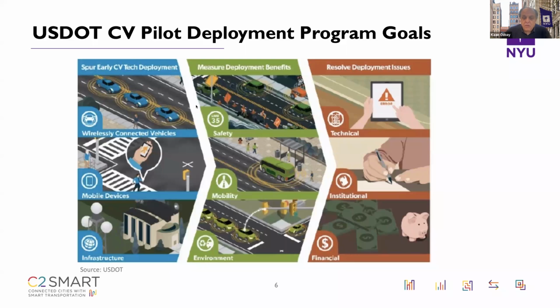NYU was responsible for IRB certifications and how the data is saved securely, but DOT and its partners also did a lot of work looking at different methods to make sure that the privacy is there, so that we don't know individual vehicles' movements and so on.